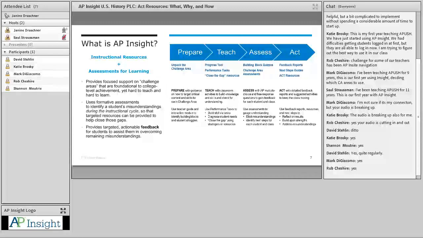the ACT resources will first be feedback that the students receive from AP Insight, which gives it to them right automatically.